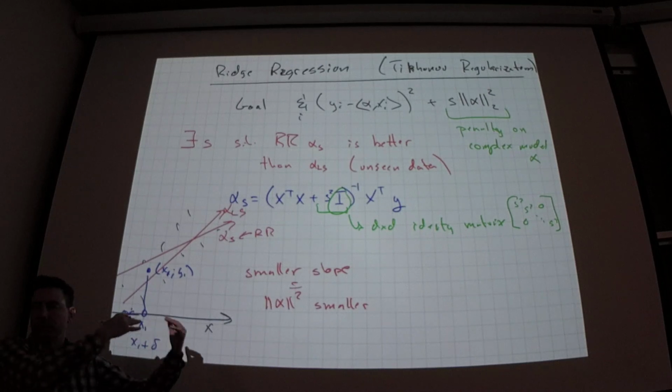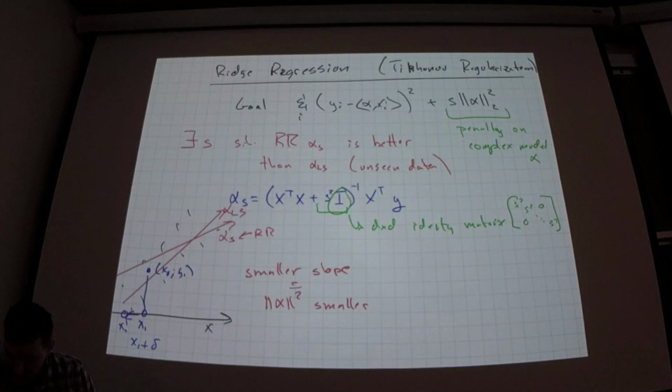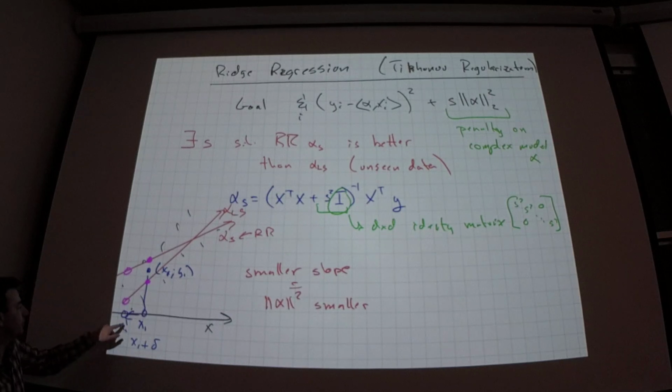In this case, delta was negative, it moved less. So what's going to happen? I'm going to have two predictions here. The first one is from ordinary least squares. The second one is from the ridge regression solution. And I'm moving them here based on if I added a delta onto here, I've changed it.